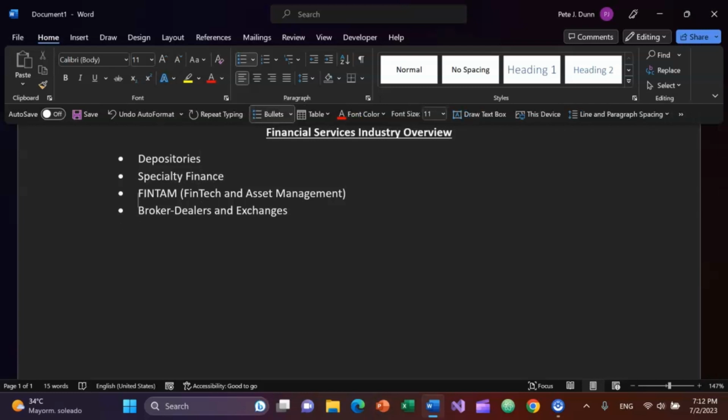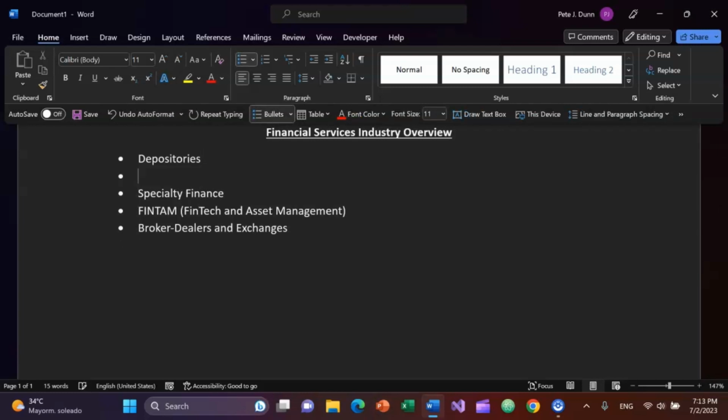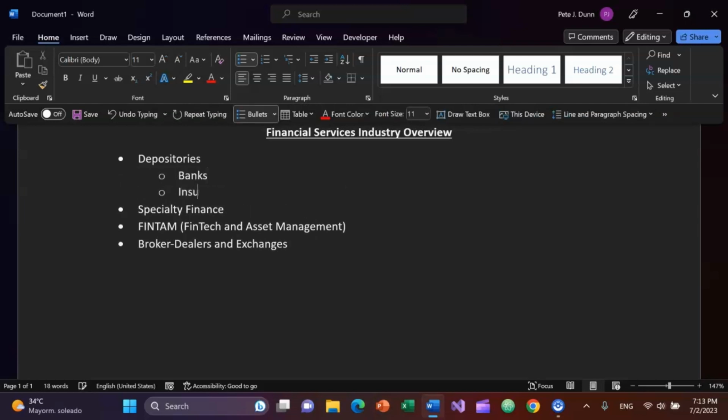Alright, so the depositories consist of 2 businesses, mainly, right? There's banks and insurance underwriters.